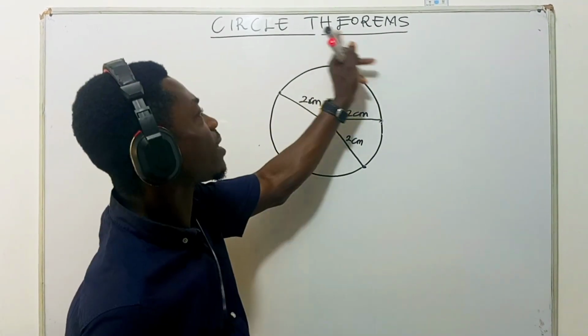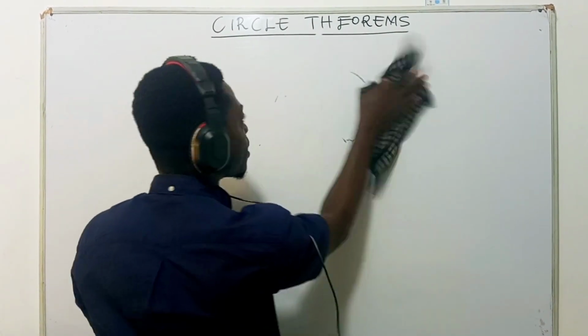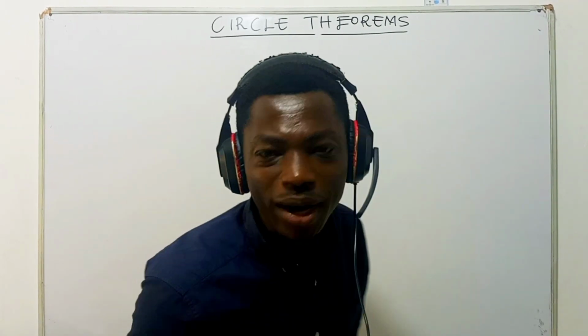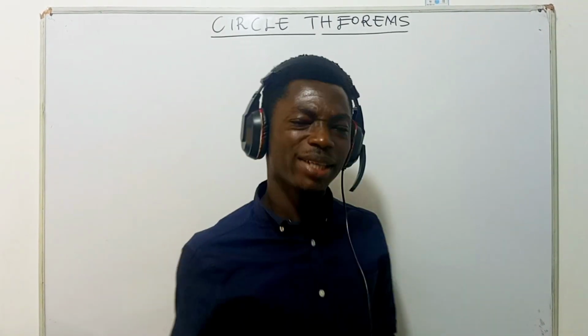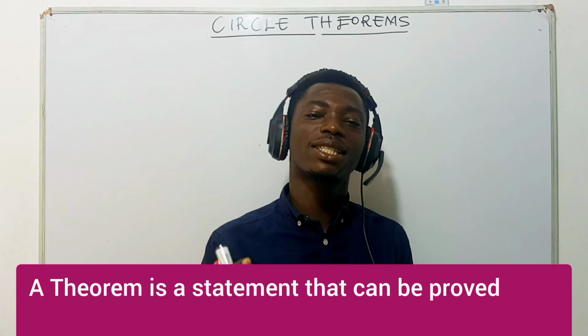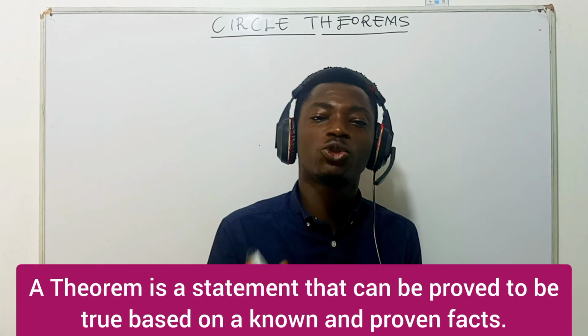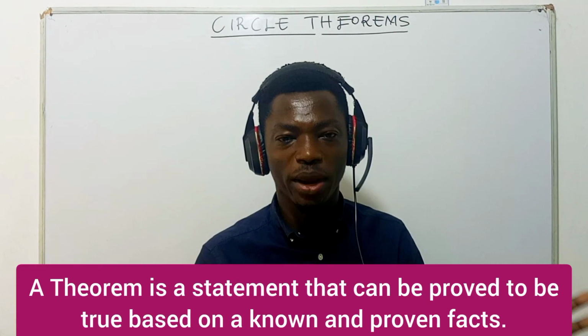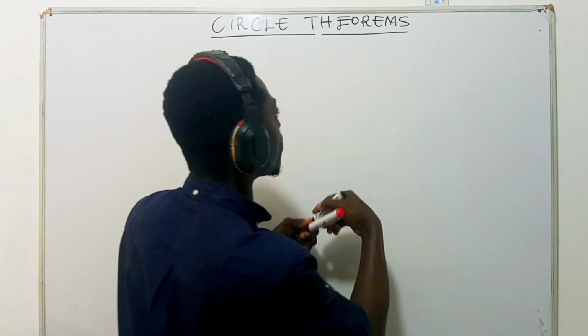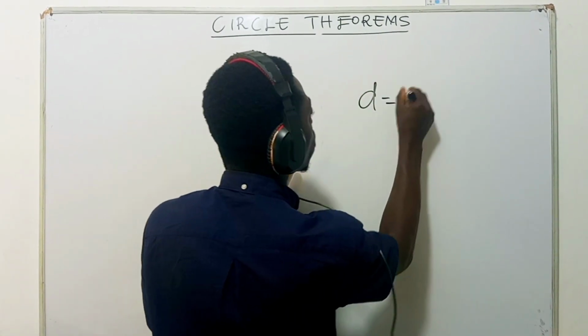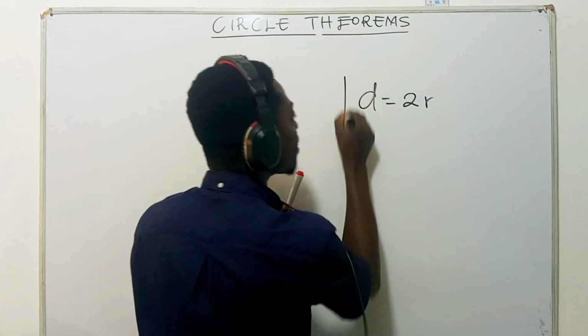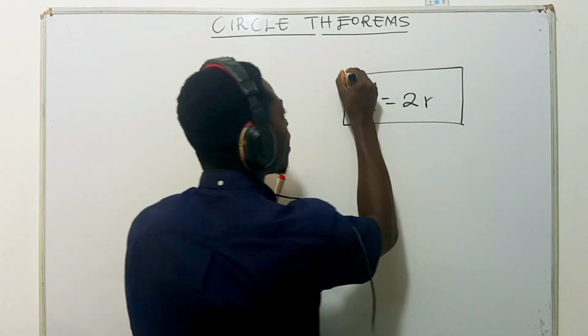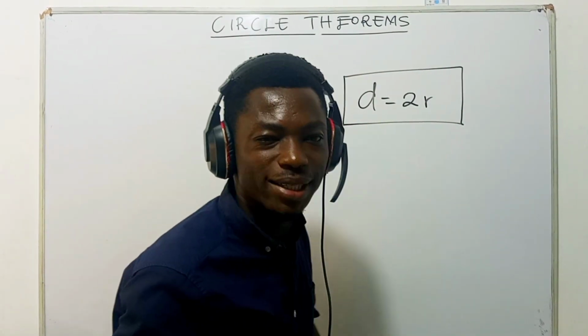Now let's look at theorems. When we say a theorem, what does it mean? Basically, a theorem is a statement that can be proved to be true based on a known and proven fact. So assuming we have something like D = 2R, this is a mathematical statement. Is it a theorem? Yes, it is a theorem.